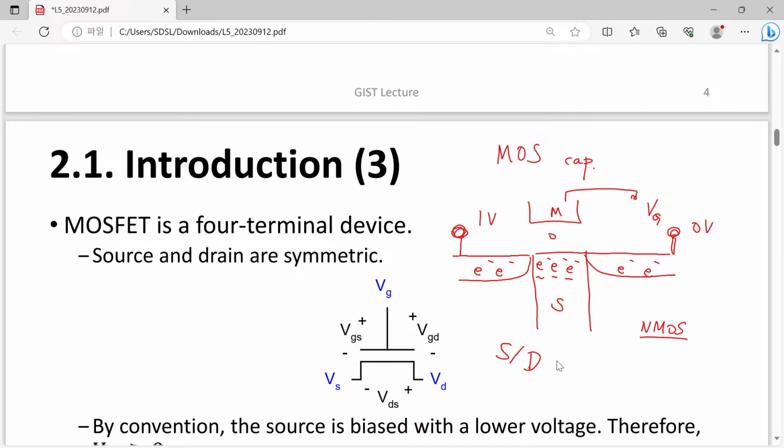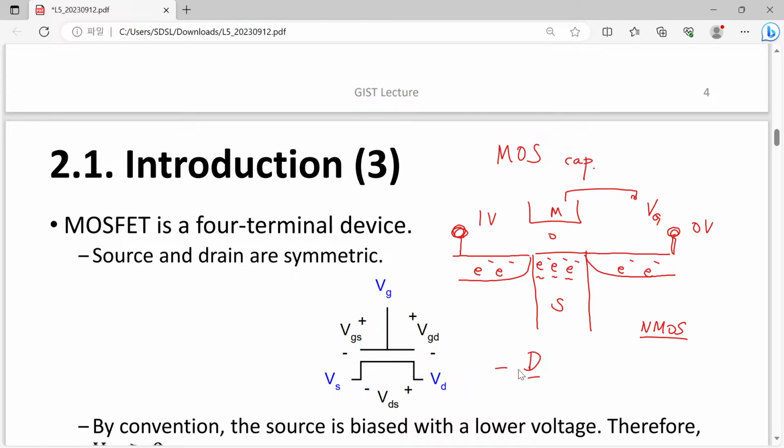They have the same structure. Only by following the relative value of their applied voltage is the role of source or drain determined.